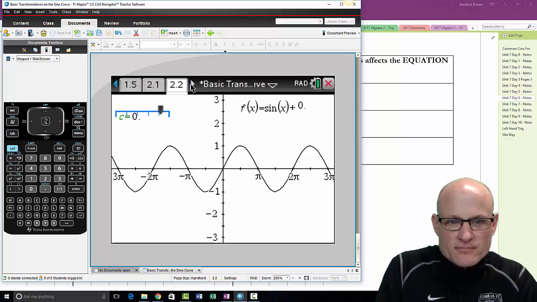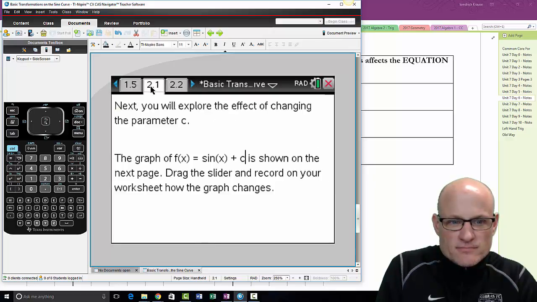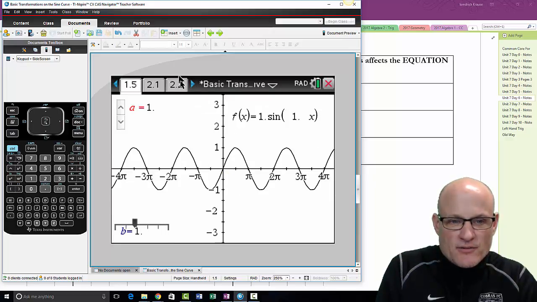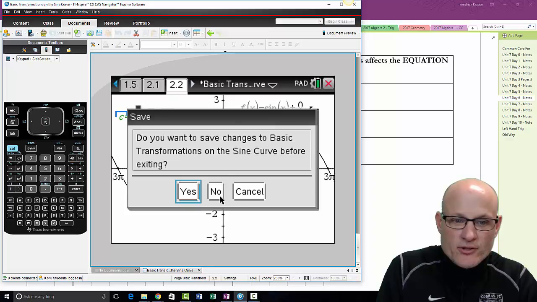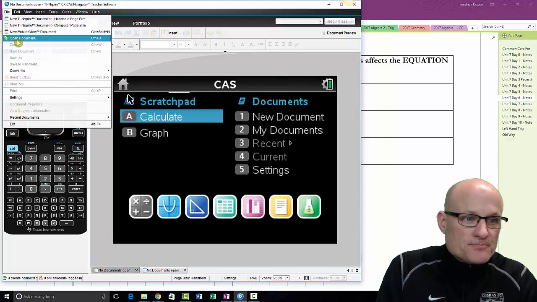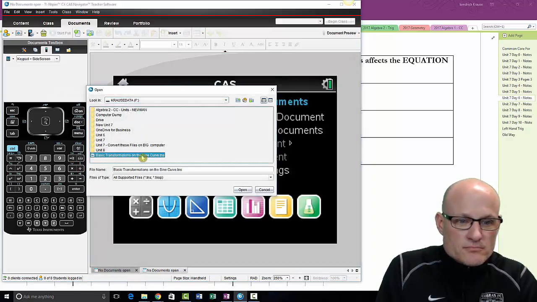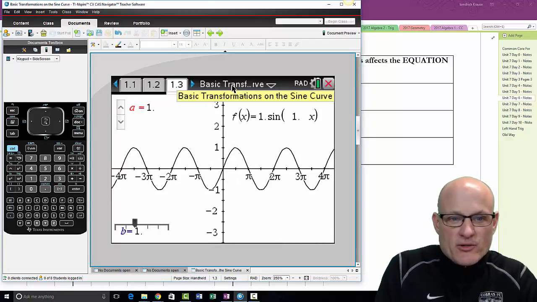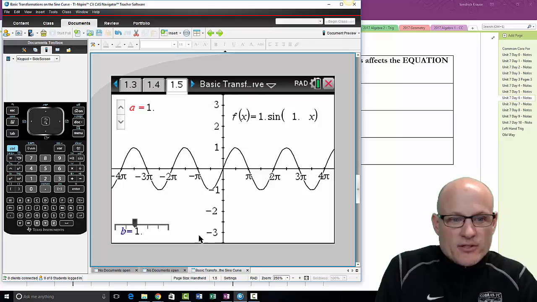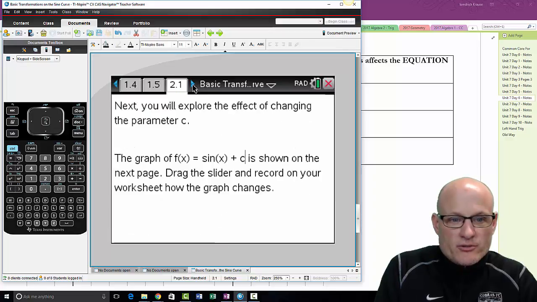Why is that not changing? Oh, I think my pen messed up this thing. Hold on, let me get rid of it. Sometimes when I use my pen, my calculator dies. So we're going to go to 2-1.